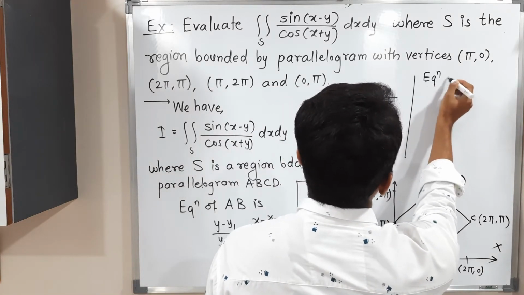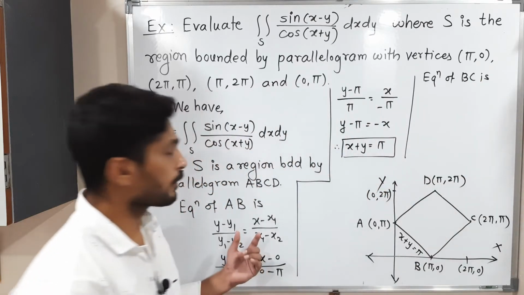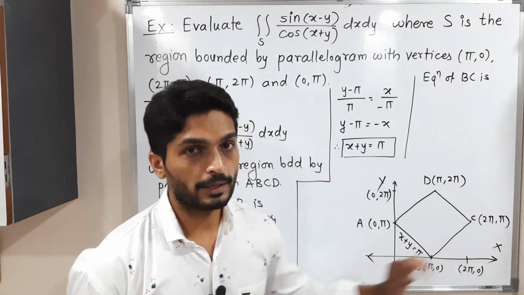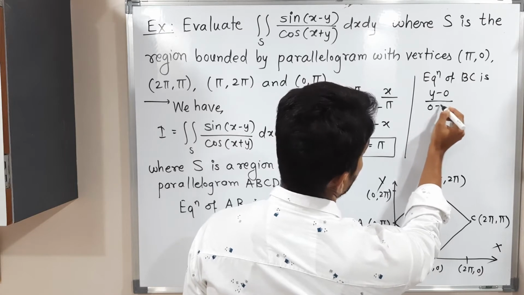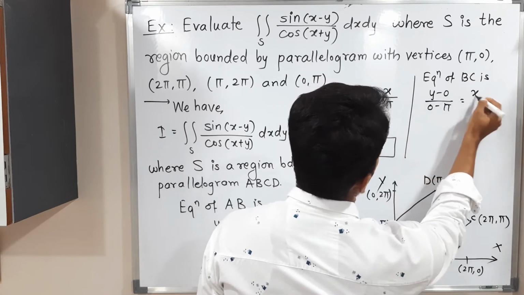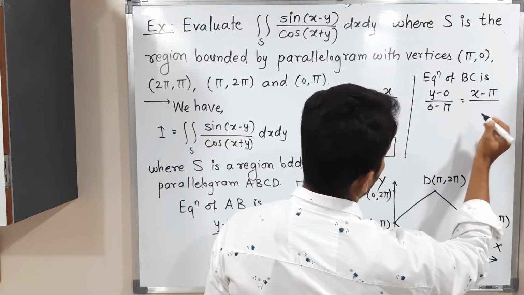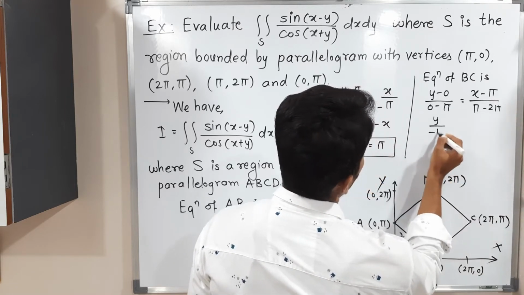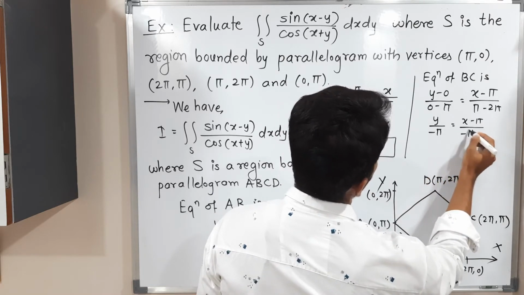For the equation of BC, I am going to use the same formula with x1, y1 and x2, y2. So (y minus 0) upon (0 minus pi) and (x minus pi) upon (pi minus 2pi). So y upon minus pi equals (x minus pi) upon minus pi.